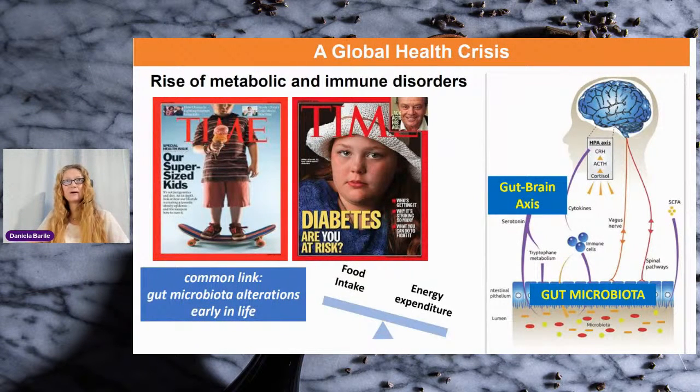Great. So talking about human health, there's a crisis besides COVID-19. There is another global health crisis that has been happening, and as we see in the pictures from the cover of Time, has been happening earlier and earlier in life.